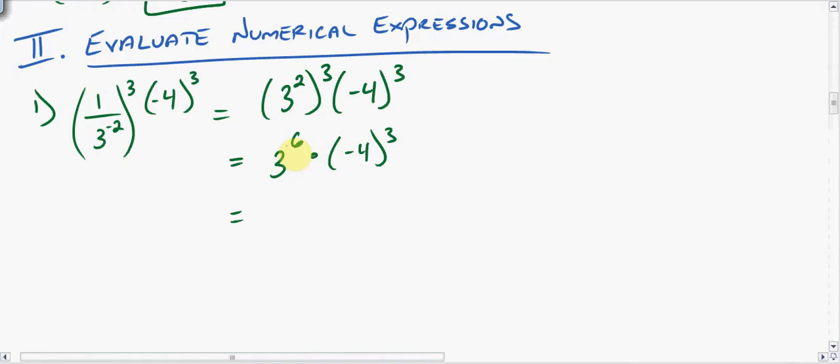The last thing I'm going to do is evaluate each number. 3 to the 6th power is 729, and negative 4 to the 3rd power is negative 64. When you multiply 729 times negative 64, you get negative 46,656.